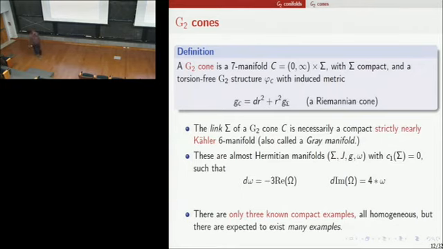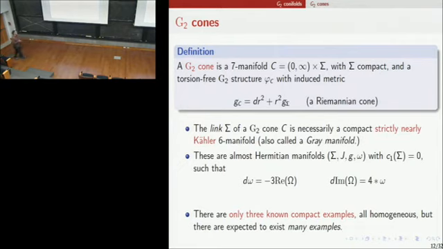I think there are several non-compact examples, but the only known compact examples so far are all homogeneous. And there's a theorem of Butruille that says these are the only homogeneous examples, these 3. Actually, there's also S6. I'm throwing away S6 because the cone over that is R7, which is not singular. I really want something to be singular. I want this metric to be singular as you approach r equals 0.